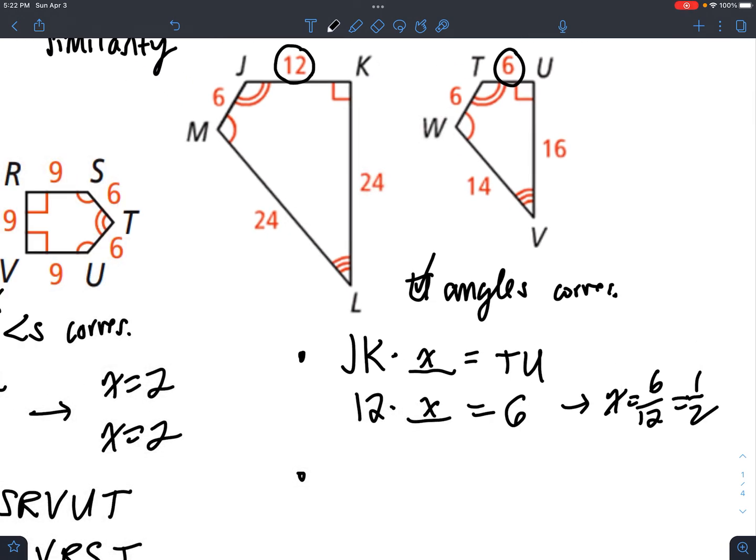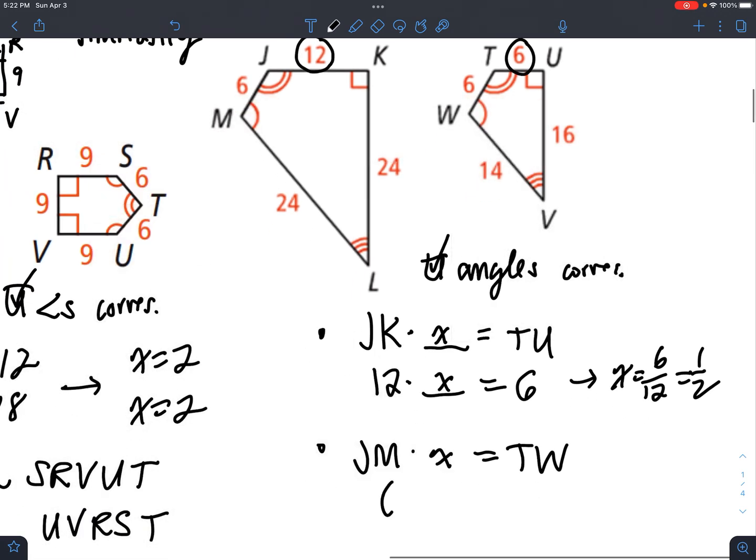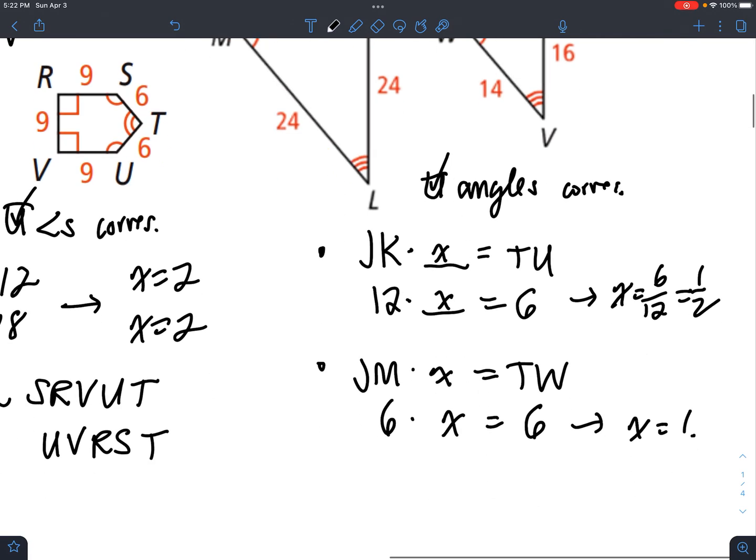But we also know that JM goes to TW. Right? But that's 6 times x is 6. And that means that x is 1. So the sides aren't scaled up the same way. So these are not similar. Okay, so there is no statement.